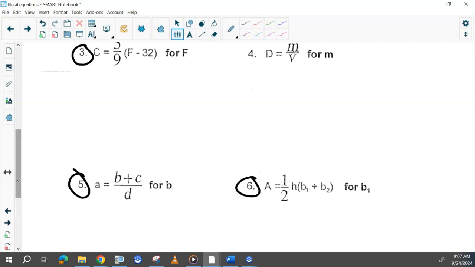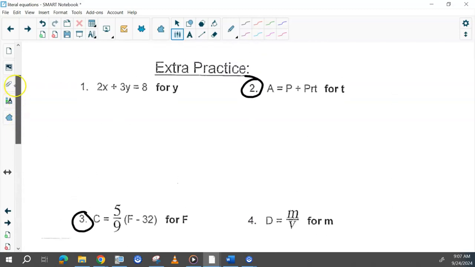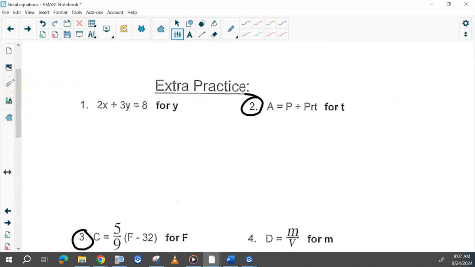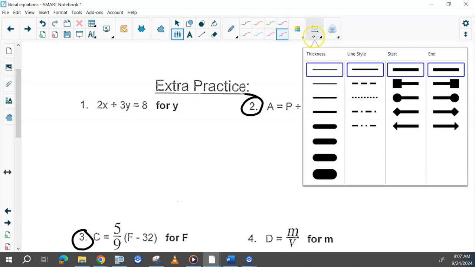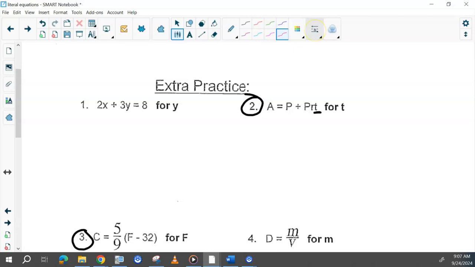So, starting with number 2. If we have to solve this for t, we want to get rid of the other p and the pr. So we would first get rid of this single p since it doesn't have anything to do with this term by subtracting.